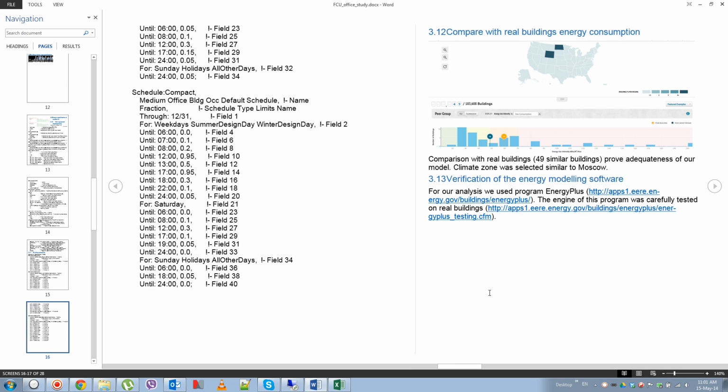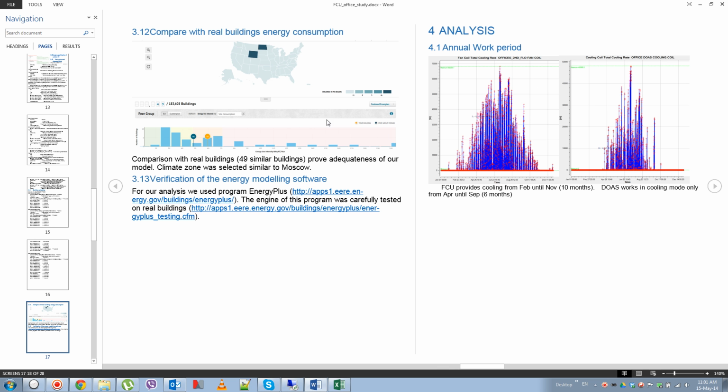Validation of our results. We found from the Department of Energy, United States, similar buildings by applying filters. So it should be an office with this type of system, and the climate was taken similar as well. This is just a sample of 2 diagrams of cooling capacity demand for coils.